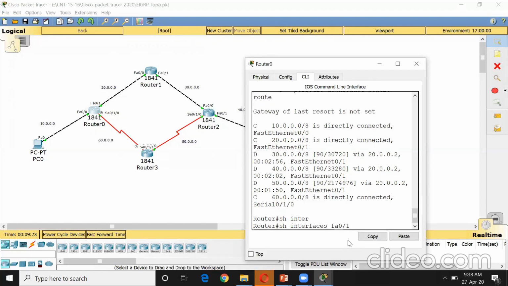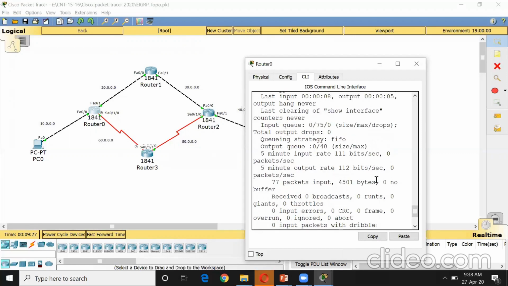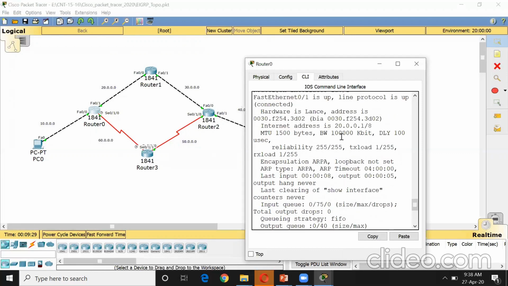So I can see the specification of that interface only. If you observe here, the bandwidth is 100 Mbps, that is 1 lakh kbps, and delay is 100 microseconds, so that is tens of microseconds. So the delay we need to consider is 10.